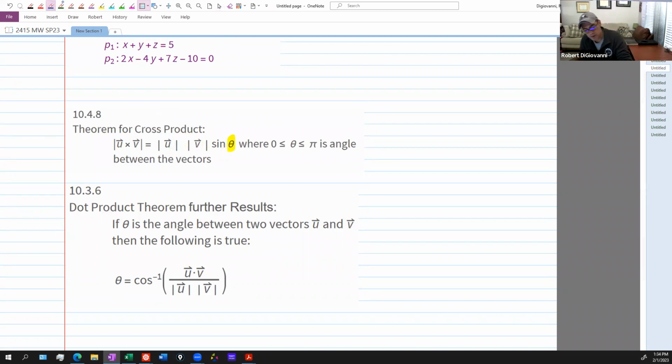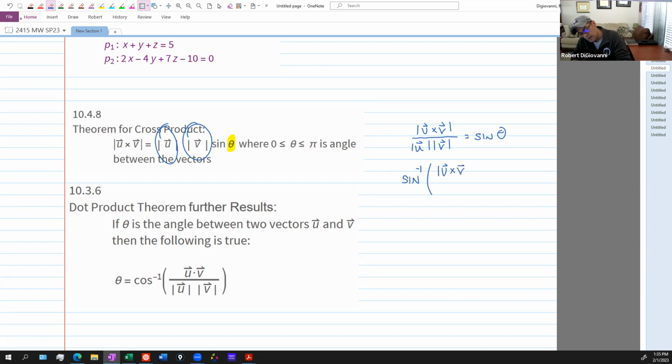Let me actually do it. We would take the magnitude of the cross product of the two vectors and divide it by the magnitude of each of the vectors separately multiplied together. That would give us sine theta, right? All I did there is divide both sides by the two magnitudes. And then you can take inverse sine on both sides. So there actually is a formula that looks like this.